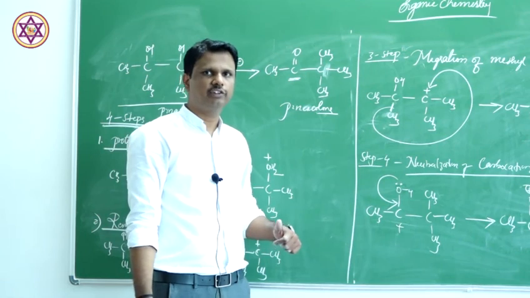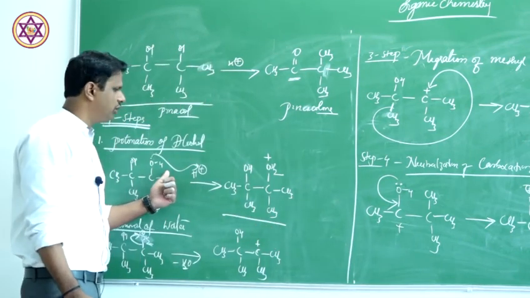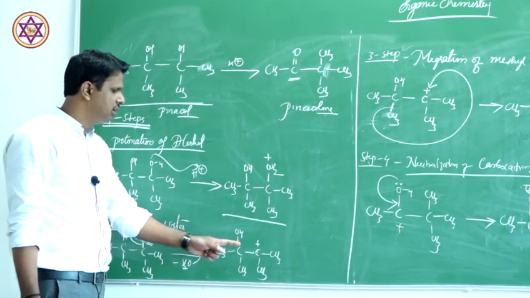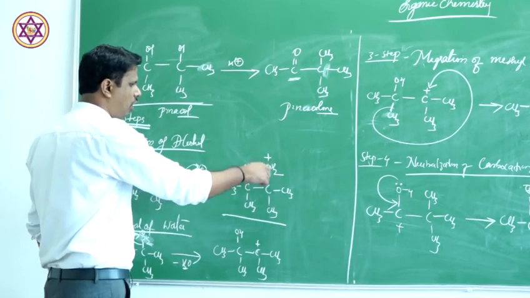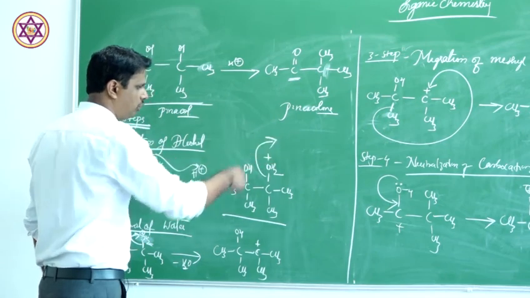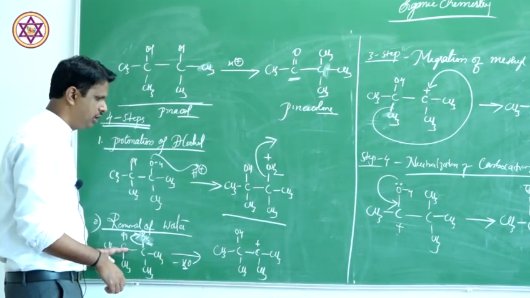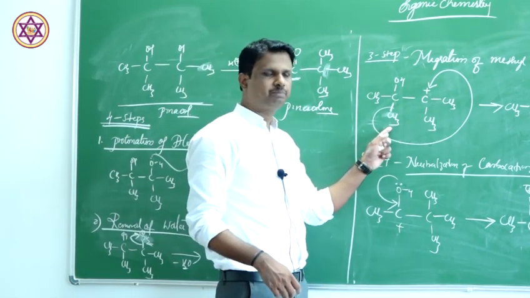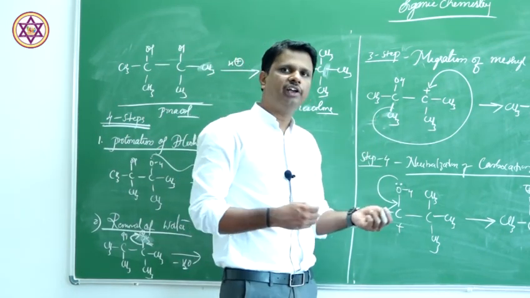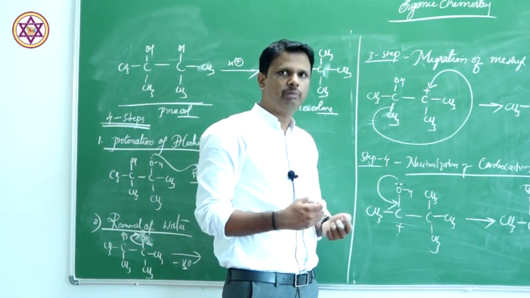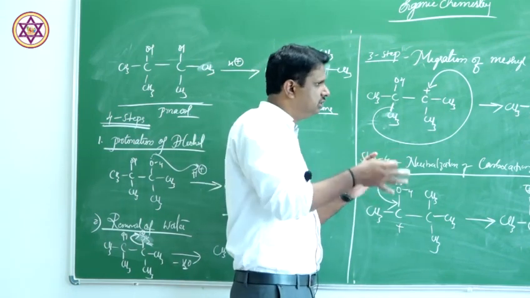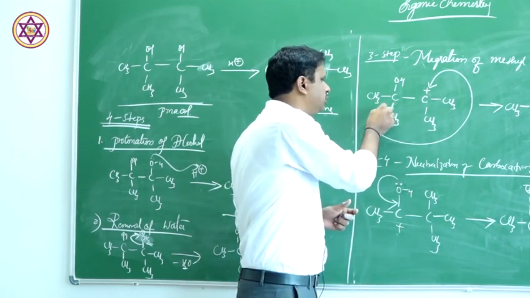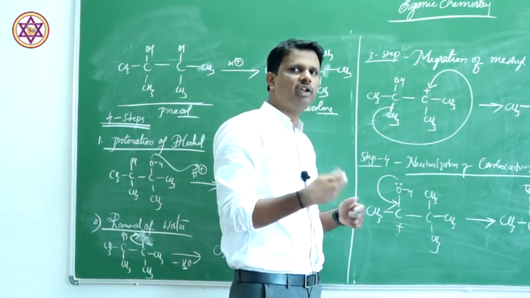The 4-step mechanism: first step, protonation of alcohol. Second step, dehydration of alcohol to form an oxonium ion. The oxonium ion goes out along with bond electrons like this to form a carbocation. Then the rearrangement takes place. This is why we call it rearrangement, because there is a change in the pattern of the molecule. This methyl group is changing its position, but it is not going anywhere else.